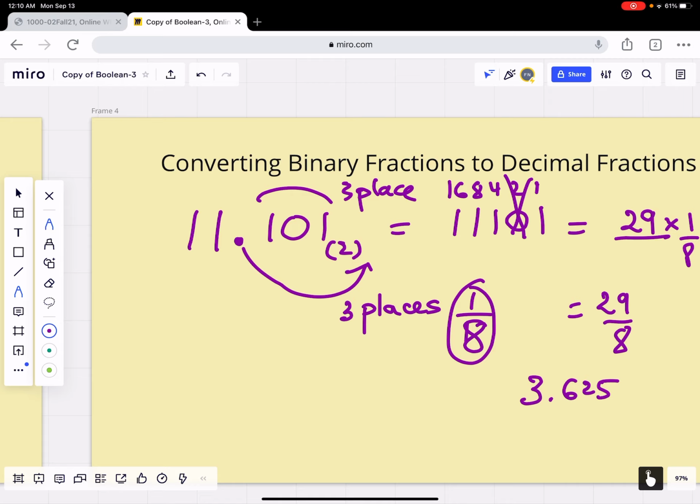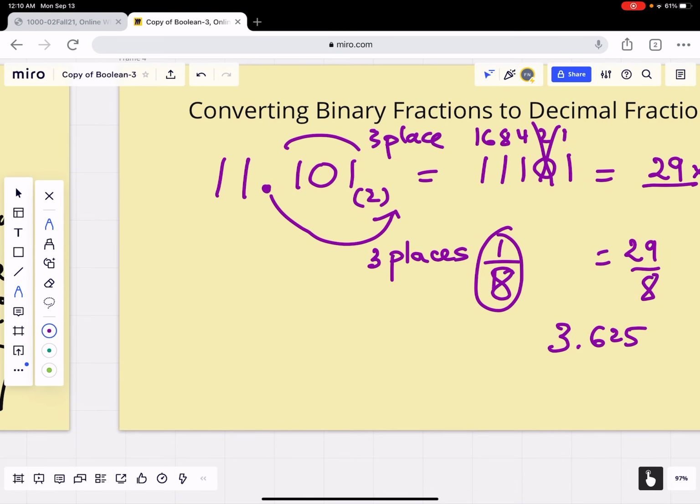Okay, so I could do this one quick by using the 11. I know it is 3 already, so I shouldn't worry about converting the 11. I just convert the 101 like that. It's okay too. So that 11 means 3 as the decimal equivalent, and you add with 3 places.